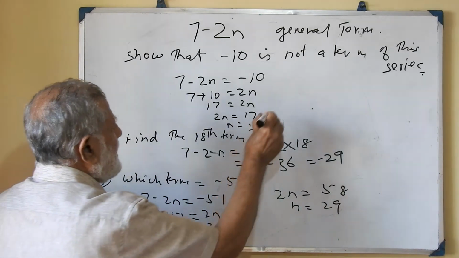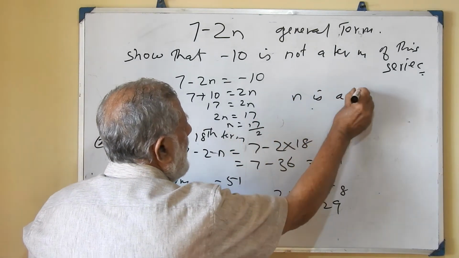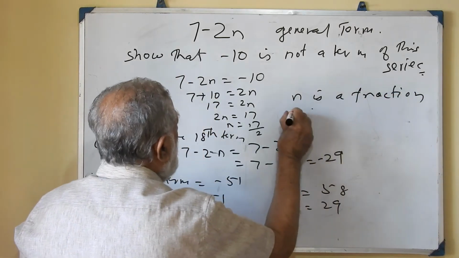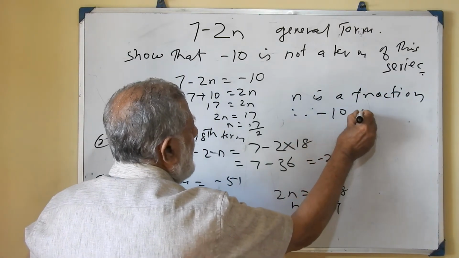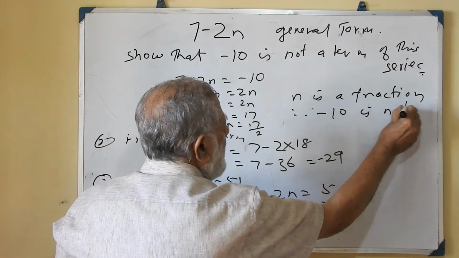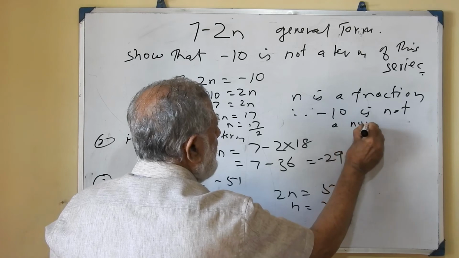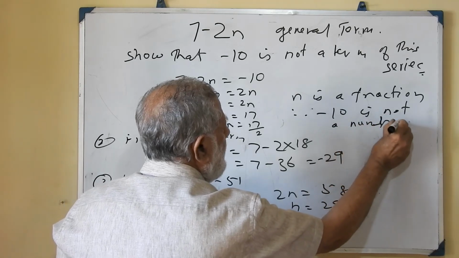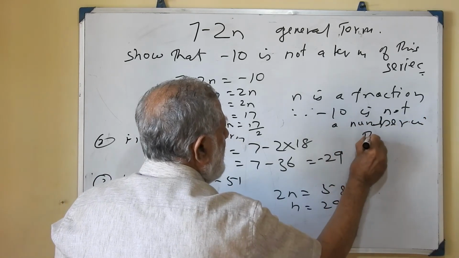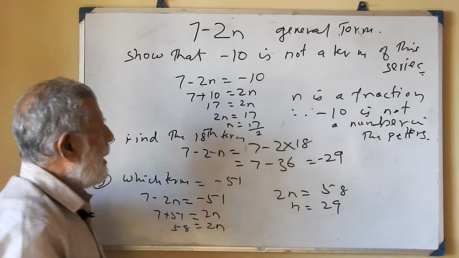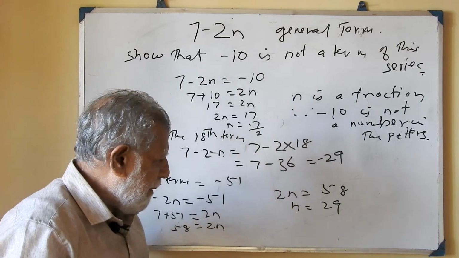So n is a fraction. Therefore, minus 10 is not a number in the series, in the pattern.